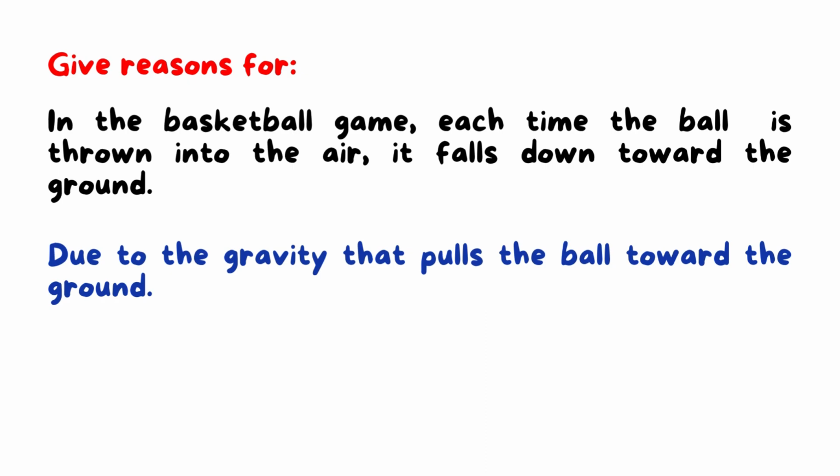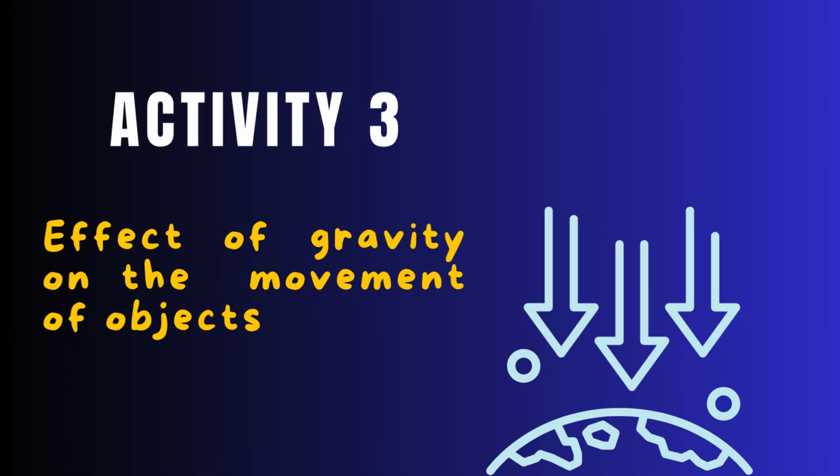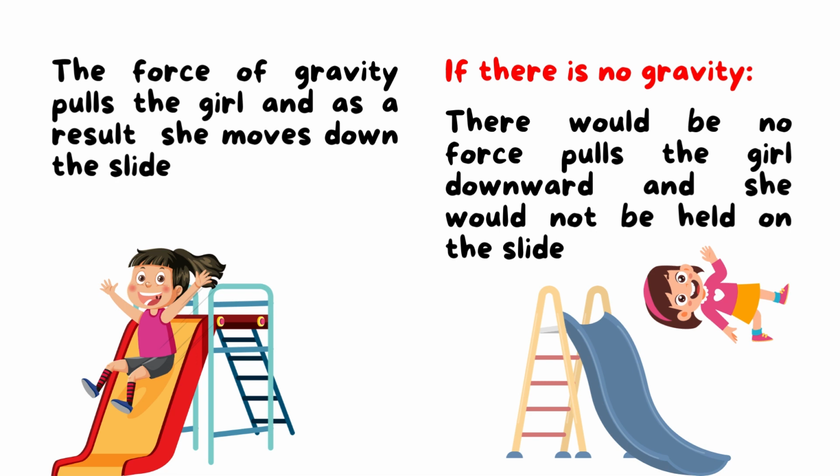Here we have Activity 3, which has the title The Effect of Gravity on the Movement of Objects. Now we will see the effect of gravity on the movement of objects. As you see here, the force of gravity pulls the girl on the slide, and as a result, she moves down the slide.